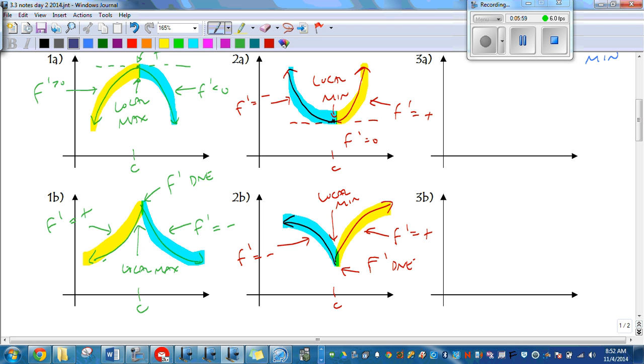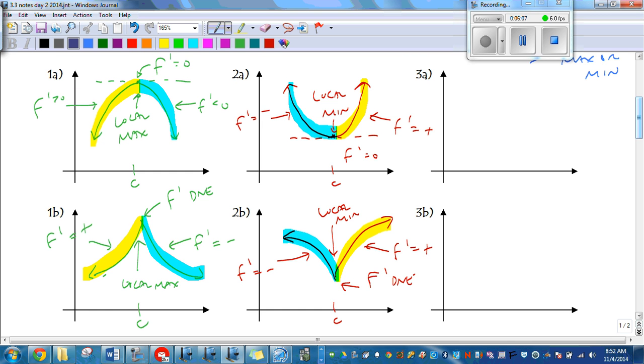And then our last scenario, 3, is a little bit different, where we don't have a local min or a local max. But we still have a critical value. So that means the derivative could be 0 or the derivative does not exist. So one way this could happen is if the derivative is 0, we could have a graph that looks something like this.